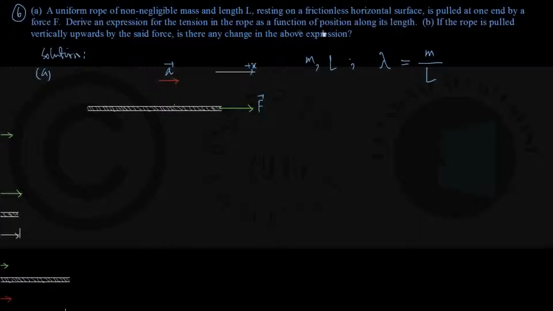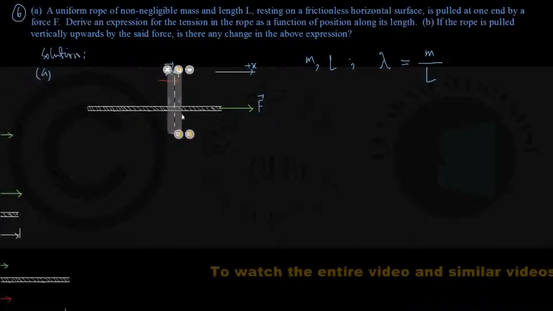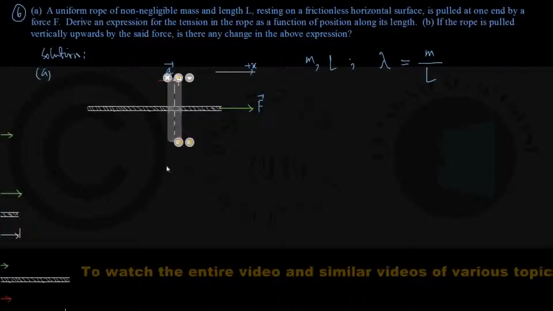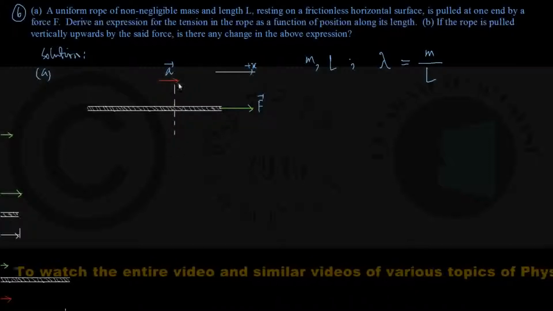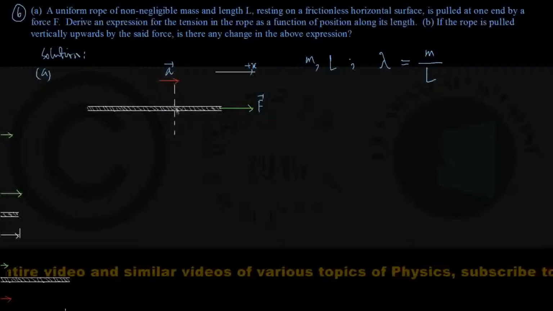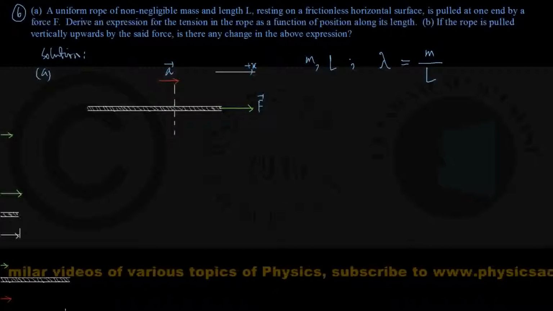Now the question says we have to find an expression for the tension in the rope as a function of position along its length. So what we do is draw an imaginary vertical line that divides the rope into two parts of unequal length, as you can see here. I have drawn a vertical line in dashed line, that is, it's imagination.